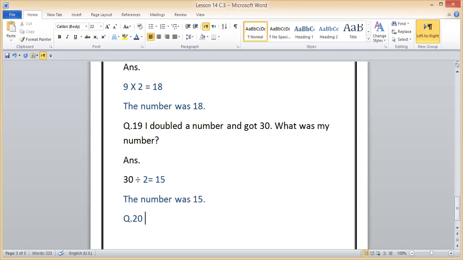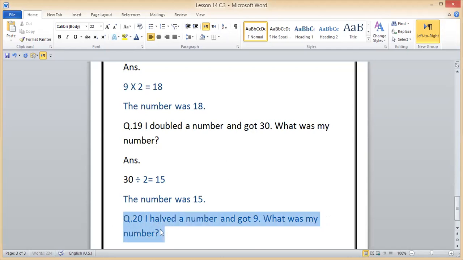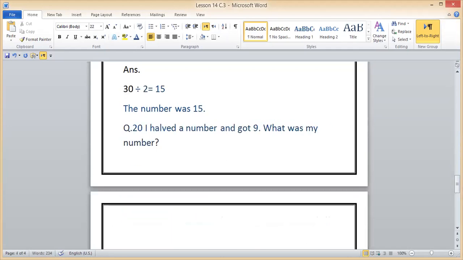Question number 20. I halved a number and got 9. What was my number? Then we will write its answer.